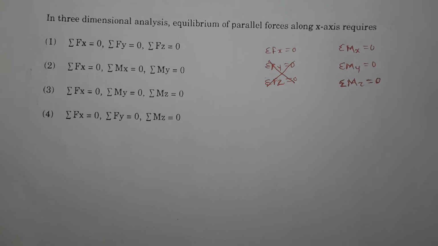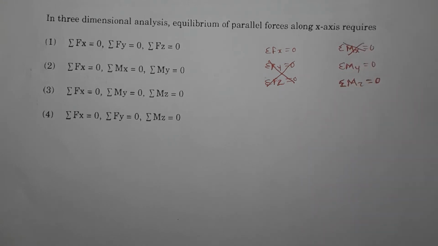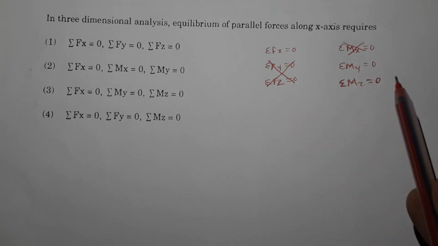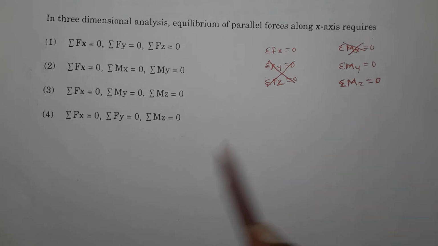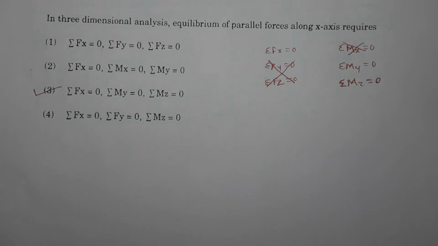It means that such forces can create moments about the y and z axes, and moment about the x-axis will be absent, and that is why these three conditions, summation Fx is equal to 0, summation My is equal to 0, and summation Mz is equal to 0, are the equations to be used. So option 3 is the correct option.